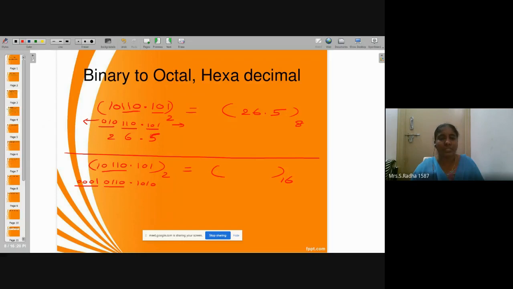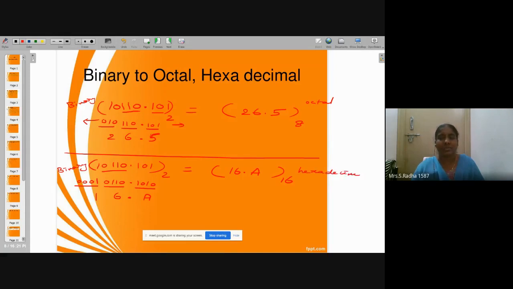After the point, 1010, 4 digits. 1010 means A, 0110 means 6, and this is 1, so 16.A is the equivalent hexadecimal. The same binary on the left side, the right side is octal, and here the same binary on the left, the right side converted to hexadecimal.